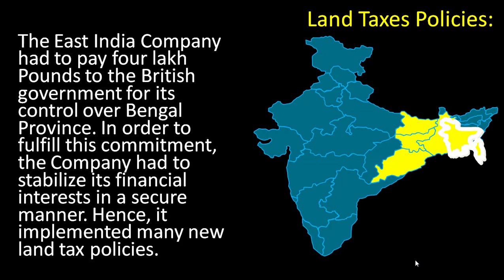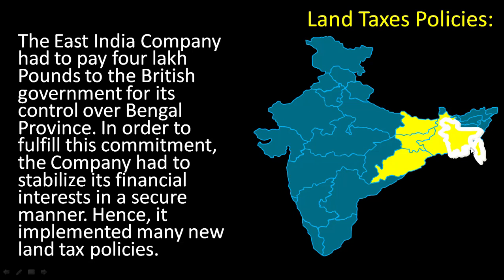Hence, it implemented many new land tax policies. So here, the British East India Company, it's a private company. It has to pay 4 lakh pounds to the British government for its control over the Bengal Province.